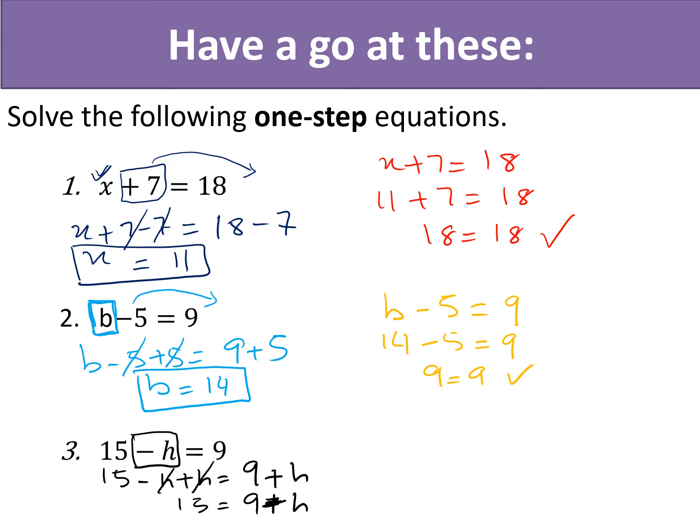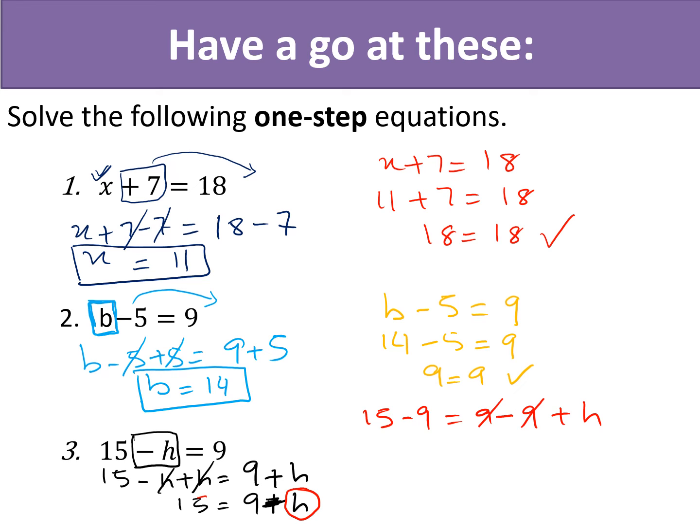Next, because I'm finding the value of h here, I will move 9 to the left hand side and I will do the inverse of positive 9, which is negative 9 to both sides. So I will write 15 minus 9, and 9 minus 9 plus h.